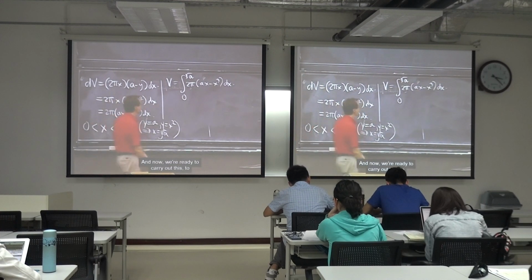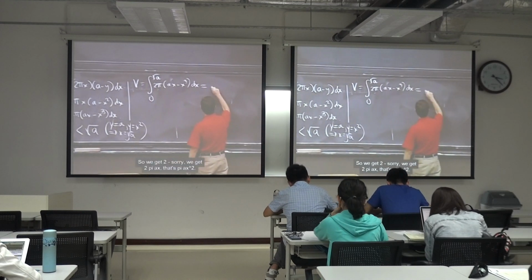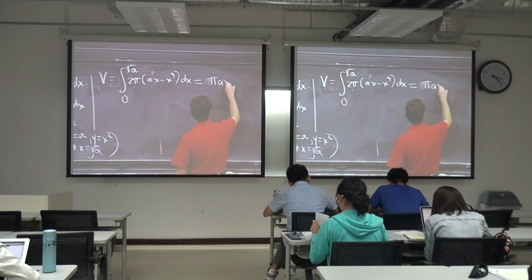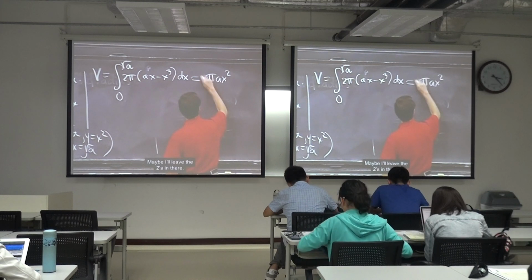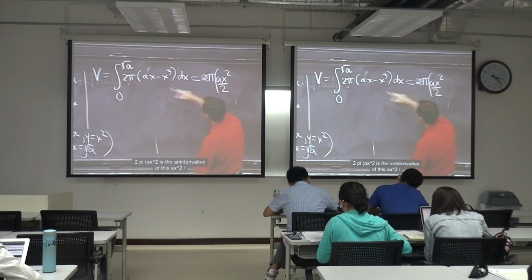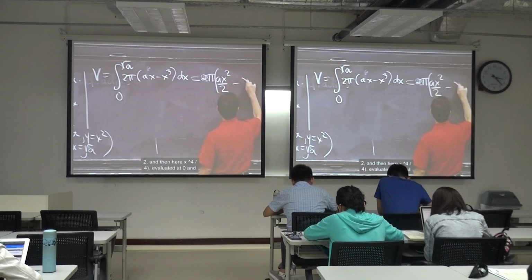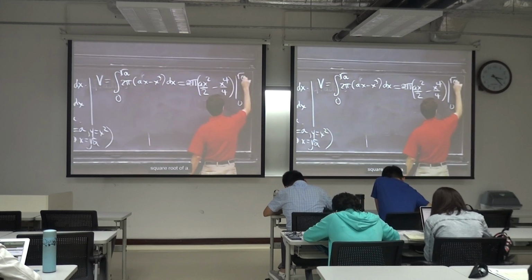And now we're ready to evaluate this integral. So we get 2 pi times (a x squared over 2 minus x to the 4 over 4), evaluated at 0 and square root of a.